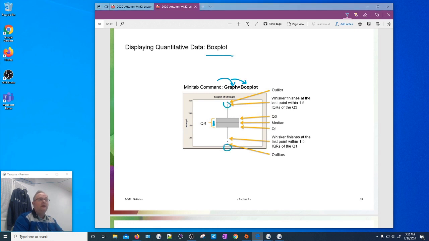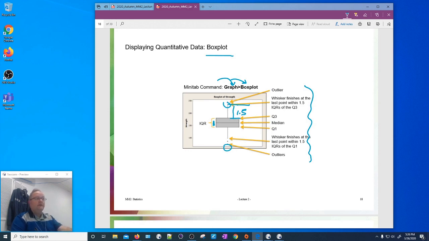So what we're doing here is we're characterizing all of the data. We're putting it into the lens of a geometric interpretation. So the whisker finishes at the last point within 1.5 IQRs of Q3. So this is the tail here, so it's finishing within 1.5 of this one, above and below. So it fits there.